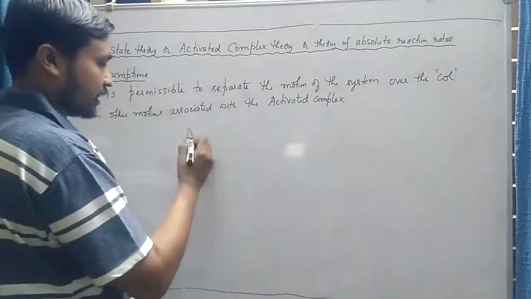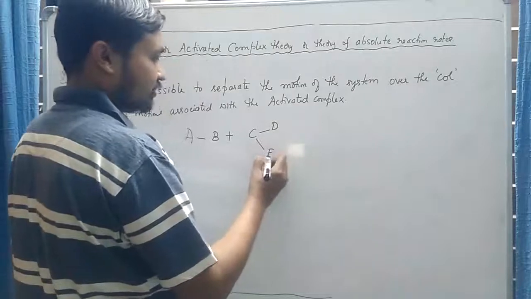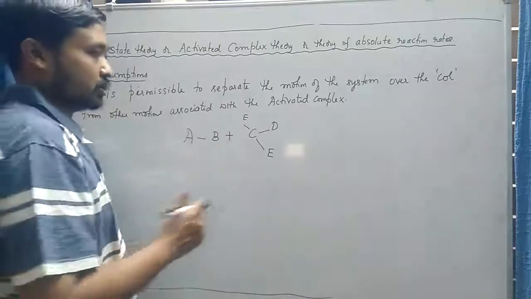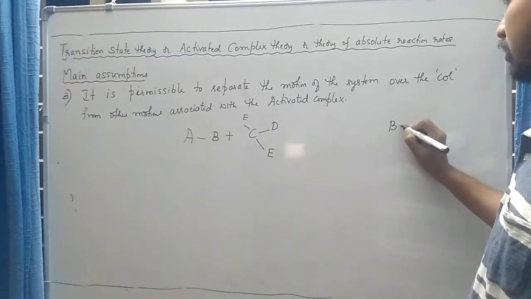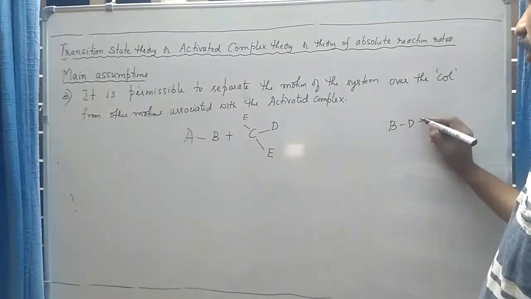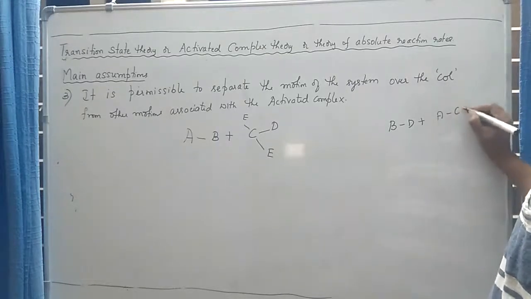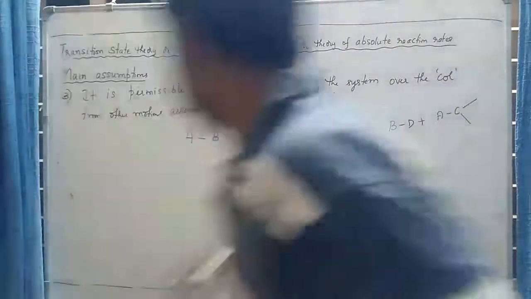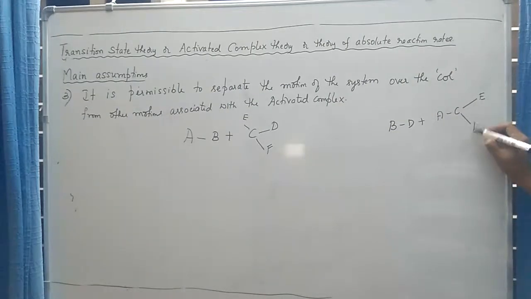Say for example, this is the reaction AB plus CD. I will take some complex structures. AB plus CDE giving product, so the final product is BD plus AC, F, some structure.